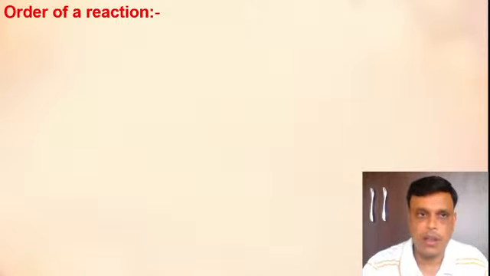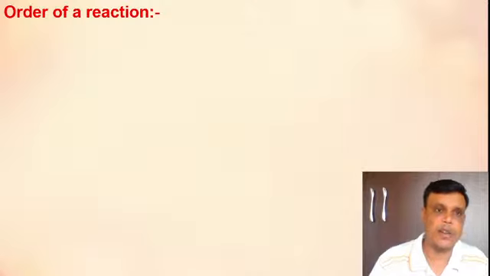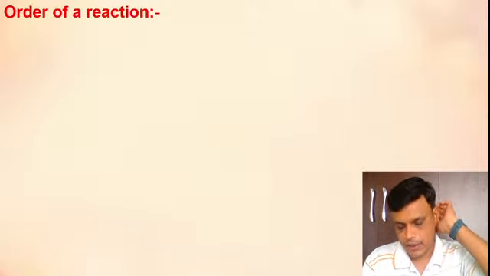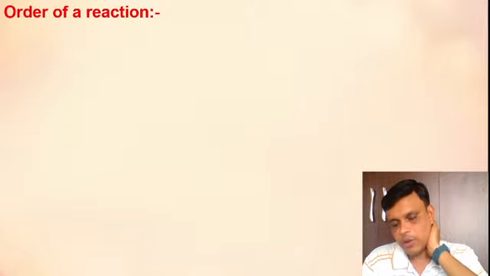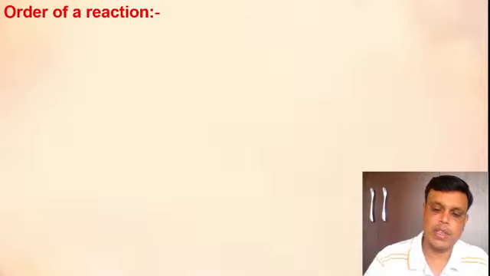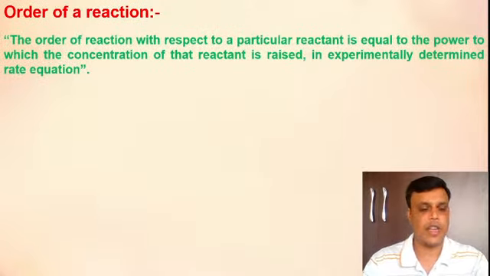Then we will see the order of reaction. Next point, which is a very important point, order of reaction. Give the heading. If you have a notebook, write down order of reaction. We will see the definition first. हम लोग क्या देखेंगे? Definition of order of reaction, that we will see. So what is the definition of order of reaction?